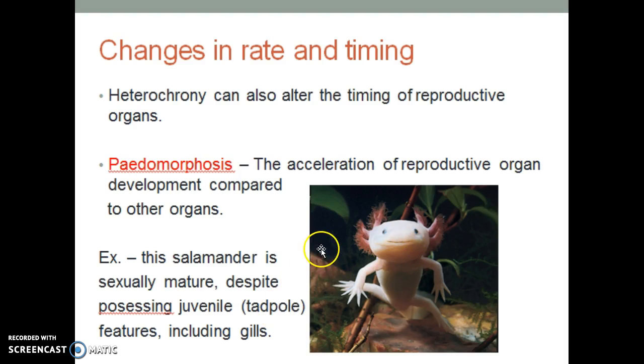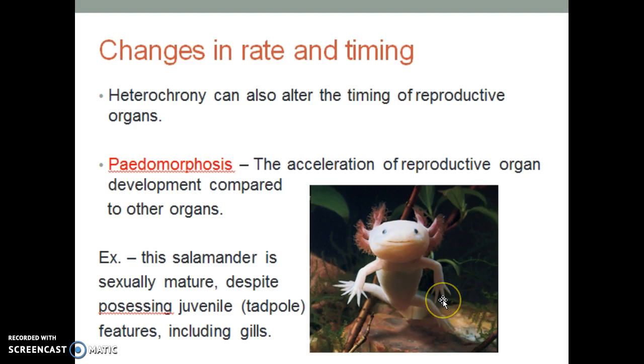So some of these features include these gills, which you see right here, which are not functional in the mature adult. But as a result of paedomorphosis, he is now sexually mature before the juvenile characteristics had a chance to go away.